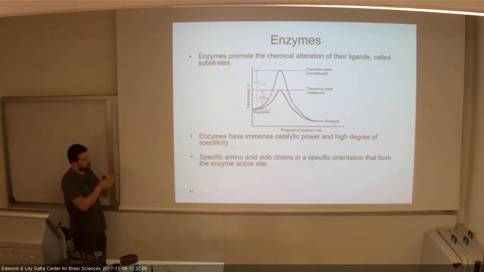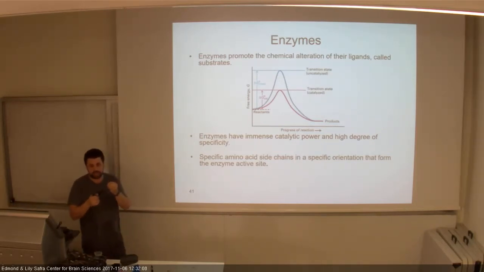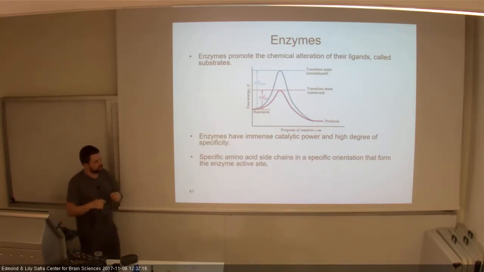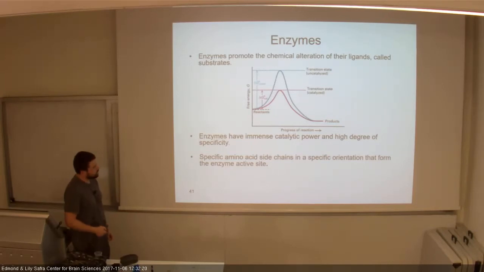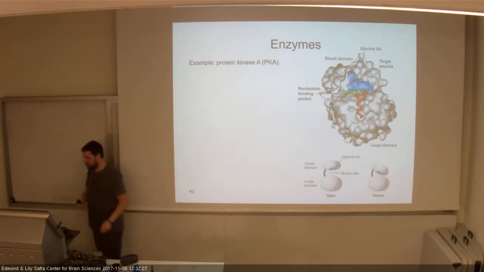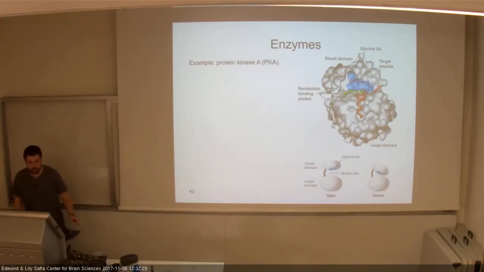Some enzymes are so specific that even if there's one hydrogen or one atom that is not in place, they will identify or not identify this substrate as something that they need to act on.